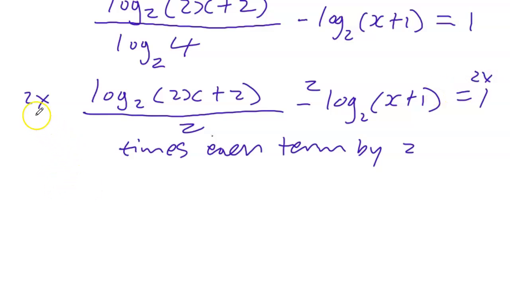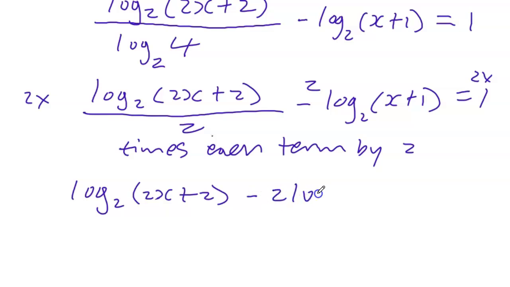So I'll end up with, alright, and then 2 times this term, we now have minus 2. And then 2 times the right hand side. So we end up with that.